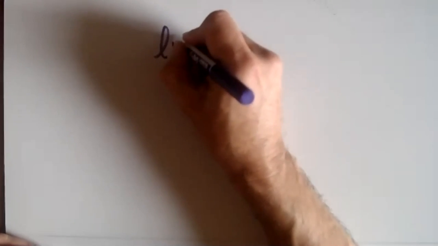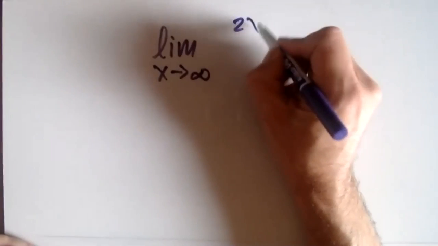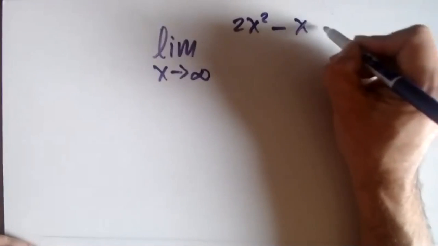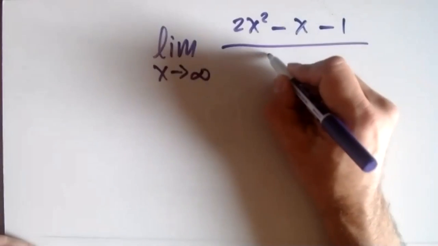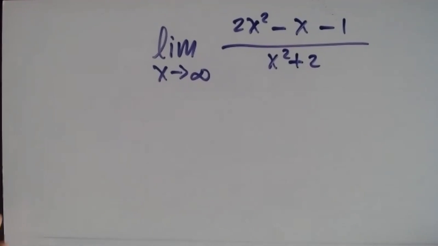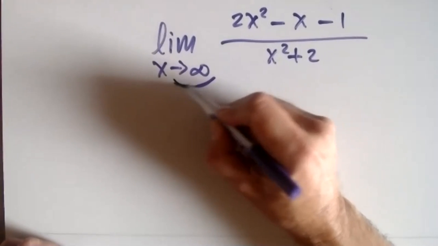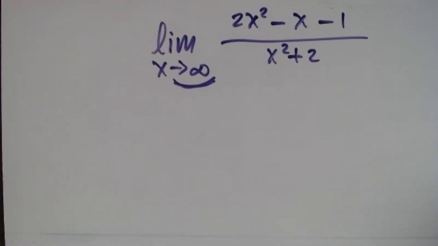Yes. Let's see. Let me see, supposedly. It is the limit at infinity of 2x squared minus x minus 1 over x squared plus 2. Okay. Now again, you check. I'm going to work with very big numbers. This infinity is the meaning of that.